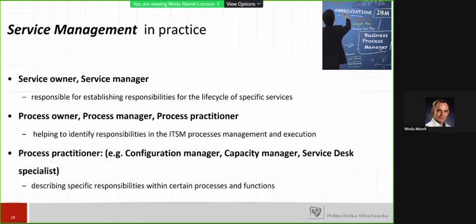So for example, if we have a company that is providing internet service, let's say, in the stationary form via Ethernet cable, or maybe through fiber optics, or also via Wi-Fi, they probably will have one or more service managers looking at these services: the wireless, fiber optics, or cable internet.